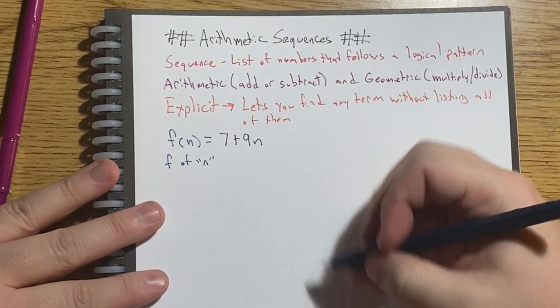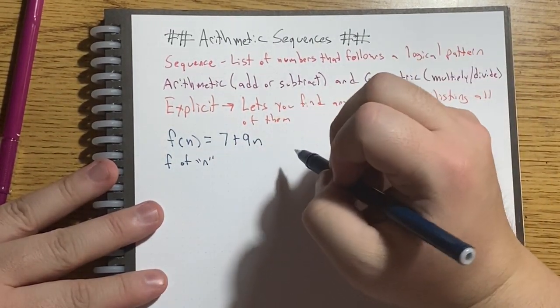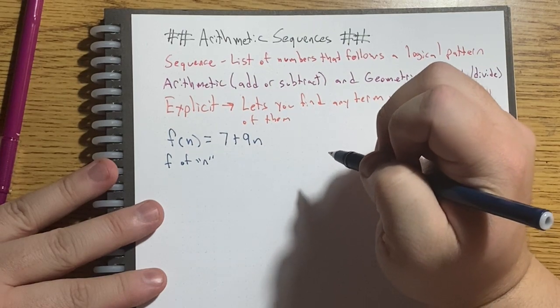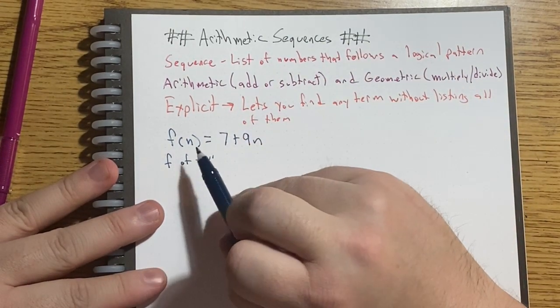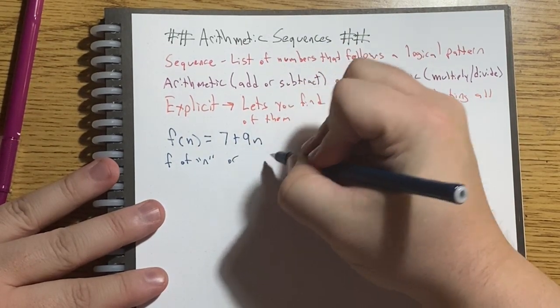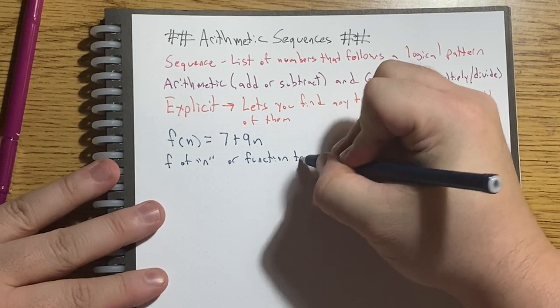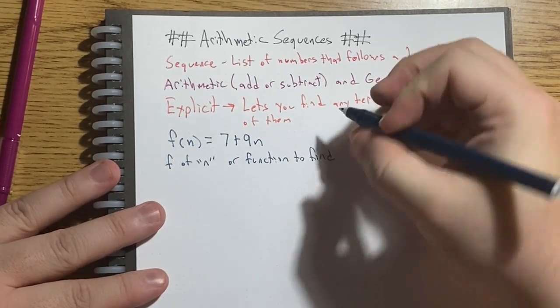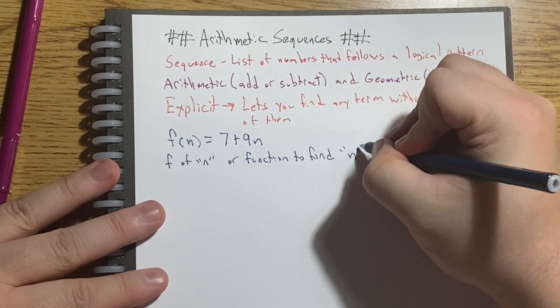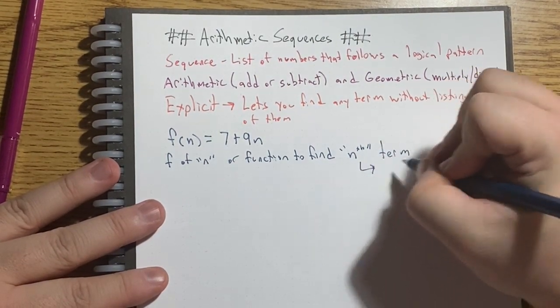So function notation is something we're going to use again, and it's basically what all of our formulas are going to be in. So this is saying the function to find the nth term. And nth just means anything, like we just said.